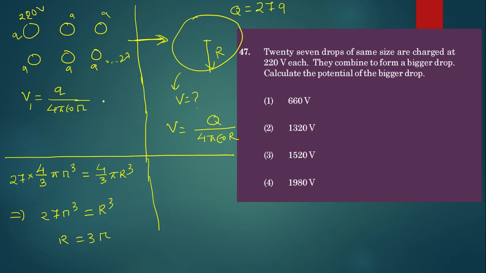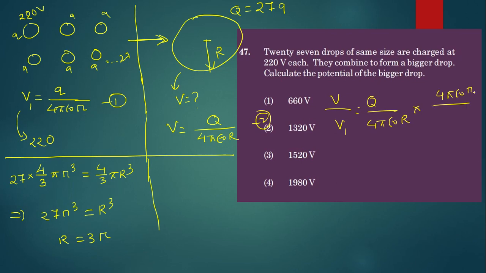Now, using this, I will calculate the value of V. Let me divide V by V1. This V1 is, remember, 220 volt of each drop. So this will be equal to Q by 4 pi epsilon naught R, times 4 pi epsilon naught small r by small q. So this is 27q.